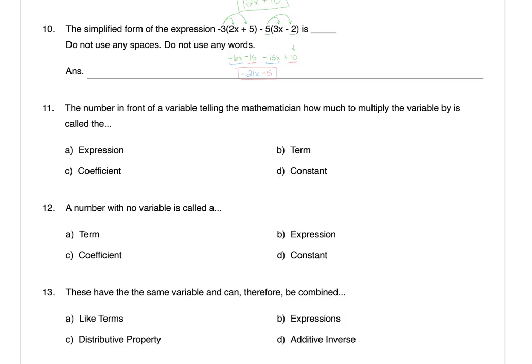Okay, now we got some word type problems, vocabulary type problems. The number in front of a variable telling the mathematician, telling you how much to multiply the variable by is called the, okay, well, let's take this for example, 2x plus 5. This is an expression.